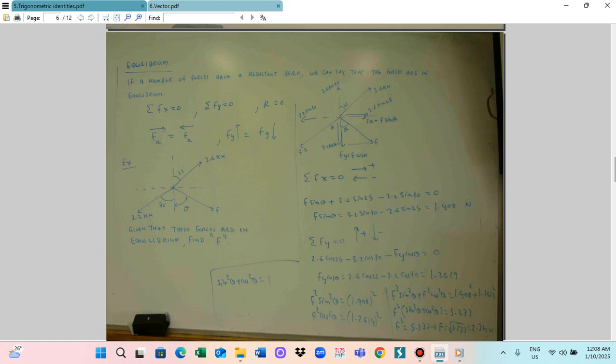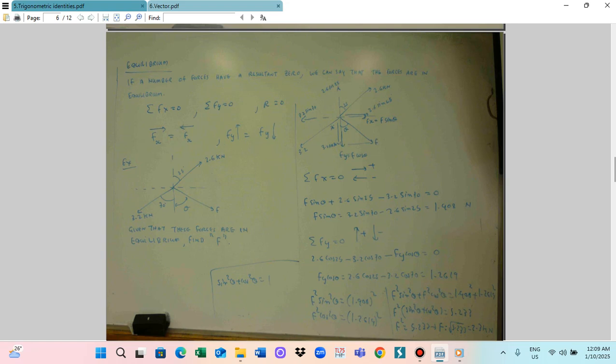So we can write the equations at the time of equilibrium. Summation FH is equal to 0, and similarly summation FY is equal to 0 and R is equal to 0. This means that the total force going to the right side is equal to the total force going to the left side.